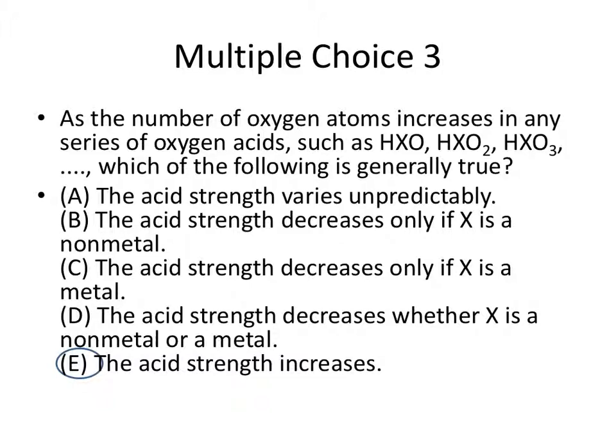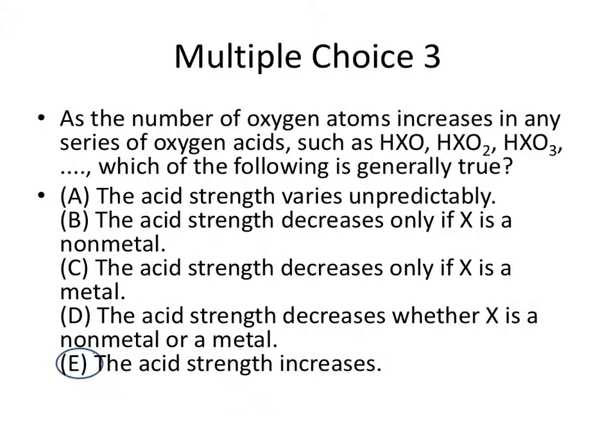As the number of oxygen atoms increases in any series of oxyacids, such as HXO, HXO2, HXO3, which of the following is generally true? The acid strength varies unpredictably. We've talked about this. The more oxygens, the blank the acid. Stronger. Why? Because there's more. Remember how we talked about this? The acid strength decreases only if X is a nonmetal.